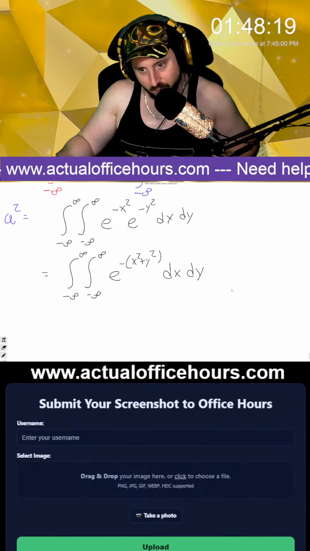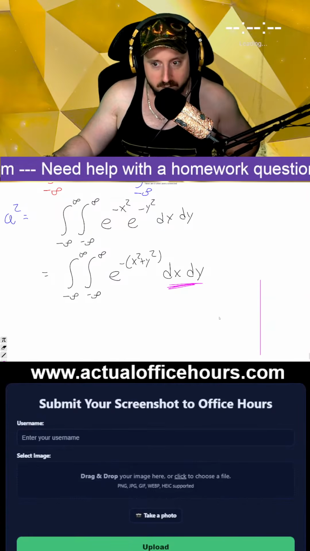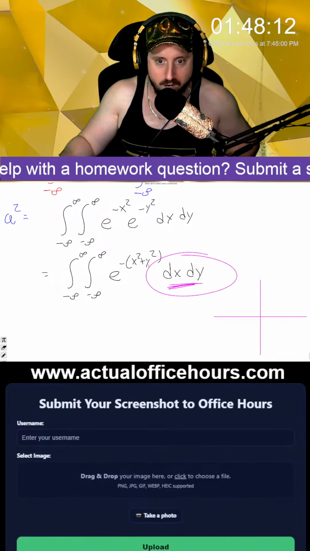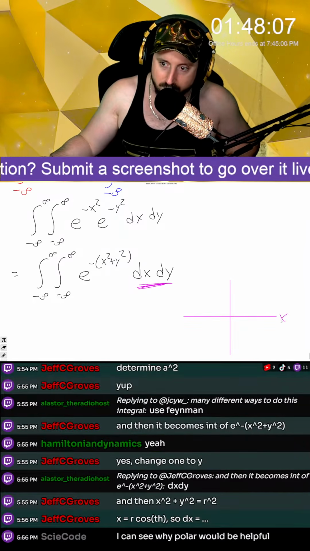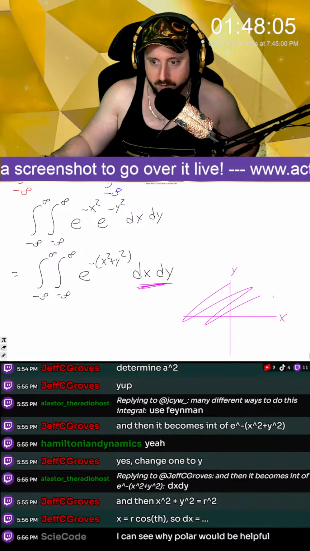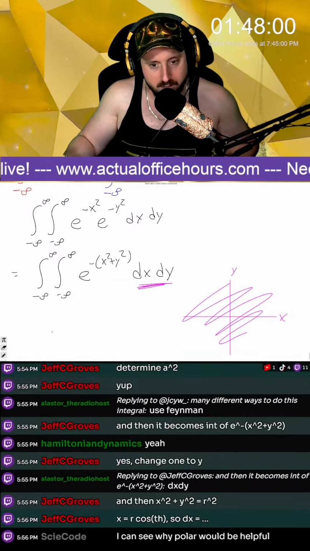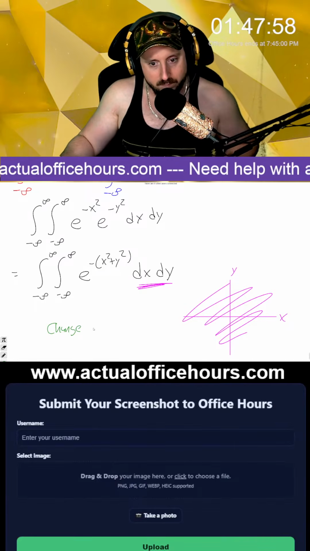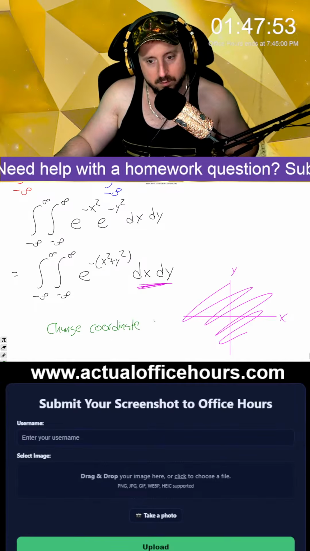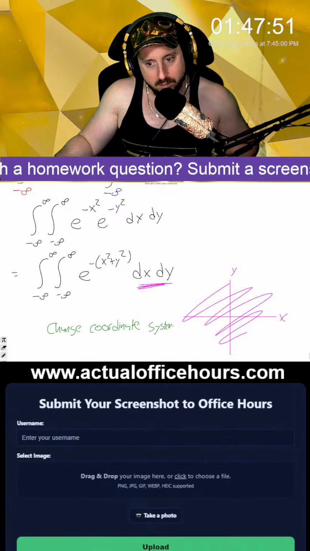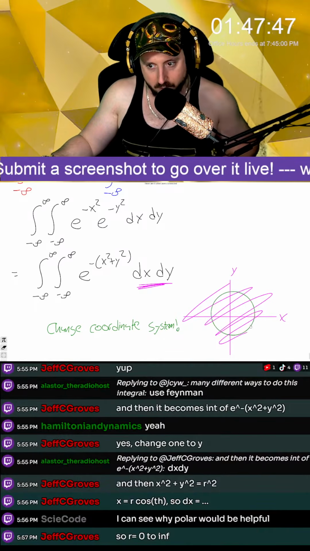I see. We're going to do a change of coordinate system. That's really cool. Exactly, right? So dx dy from negative infinity to infinity is spanning this whole area over the x and y axes. So one cool thing to do is change the coordinate system. This is a useful trick in calculus. Instead of dealing with things in x and y, we're now going to deal with things in terms of r and theta.